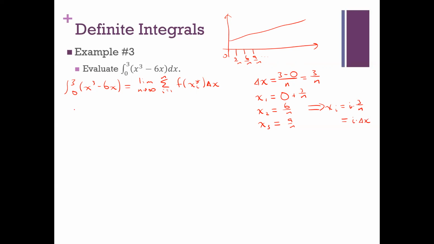So now I want to rewrite this one more step like this. The limit as n approaches infinity of this sum, I equals 1 to n of f of 3I over n times 3 over n.